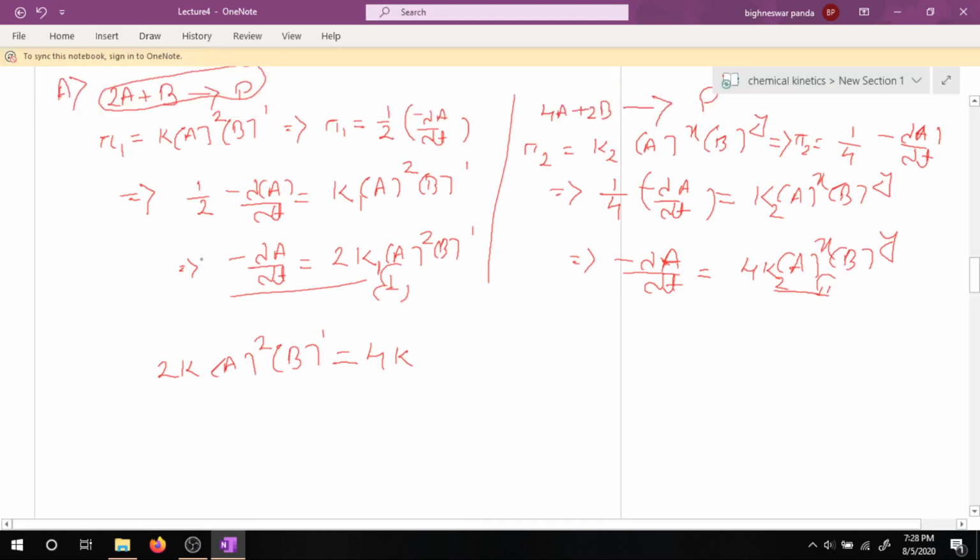So I can write, by comparing equation 1 and 2, 2k1 A to the power 2 B to the power 1 is equal to 4k2 A to the power x B to the power y.